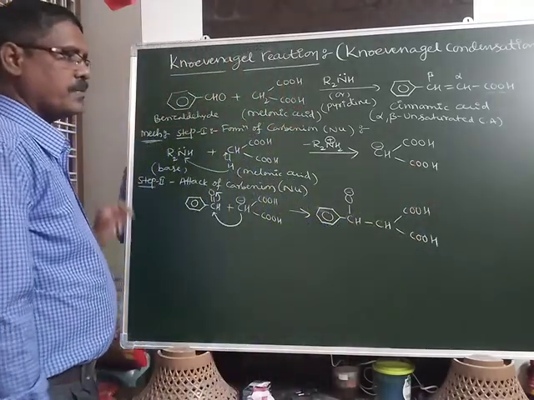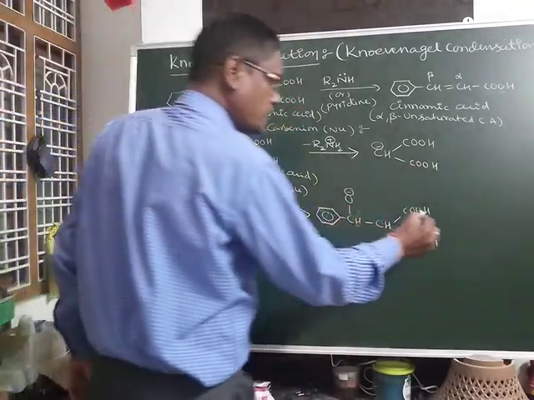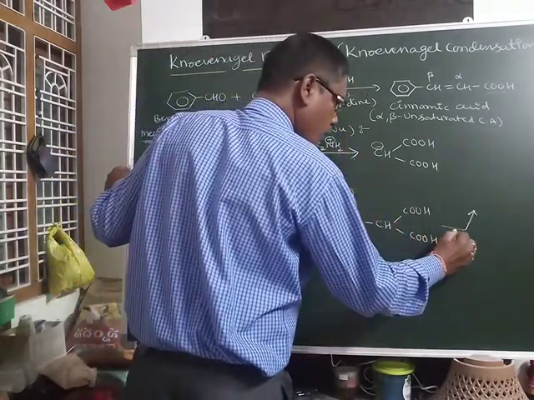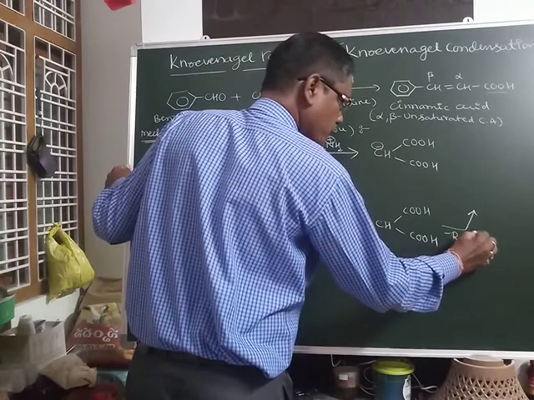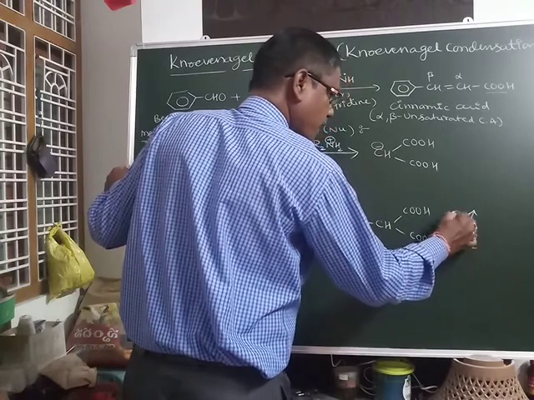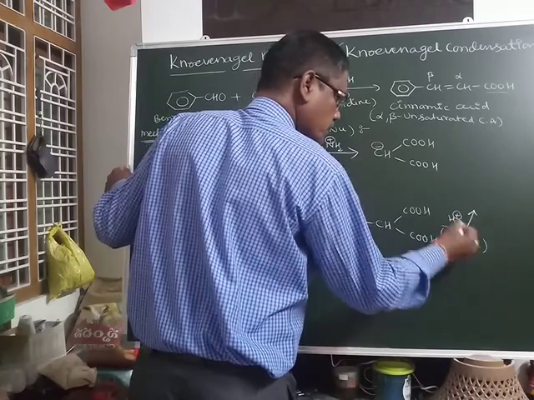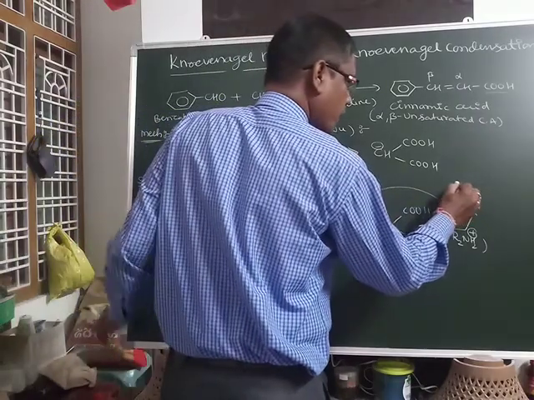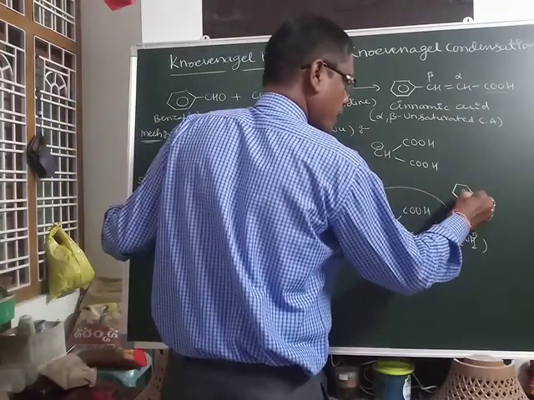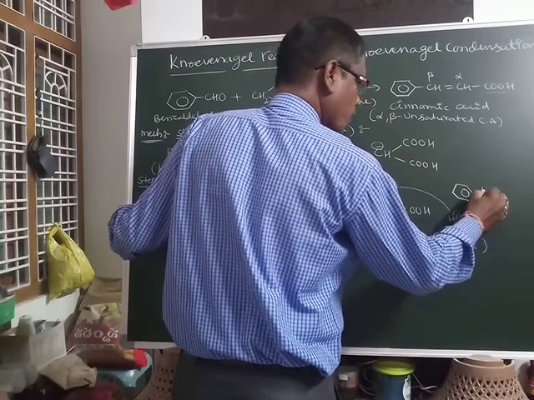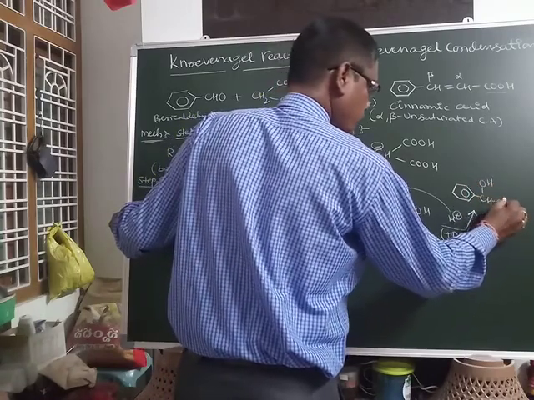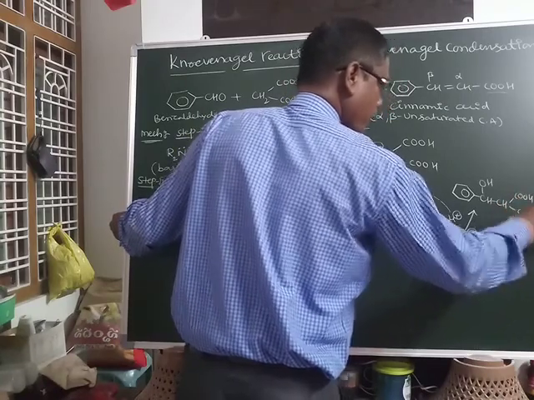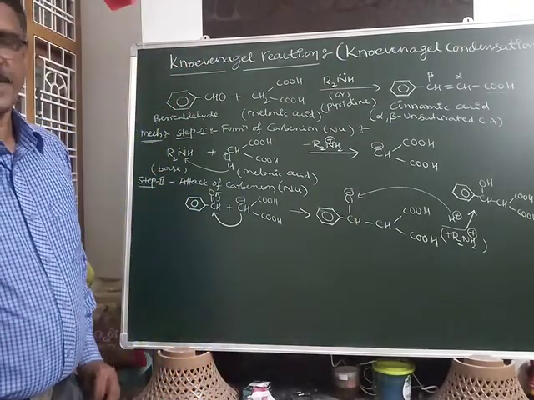Next step, in the presence of R2NH2 plus, it will take an H plus ion. The H plus ion is added to this one. Then we obtain CHOH and CH, COOH, COOH. This is one of the intermediate products.